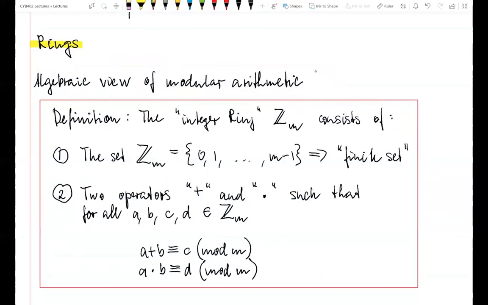For this reason, we look into rings to more formalize the idea of finite sets and modular arithmetic.